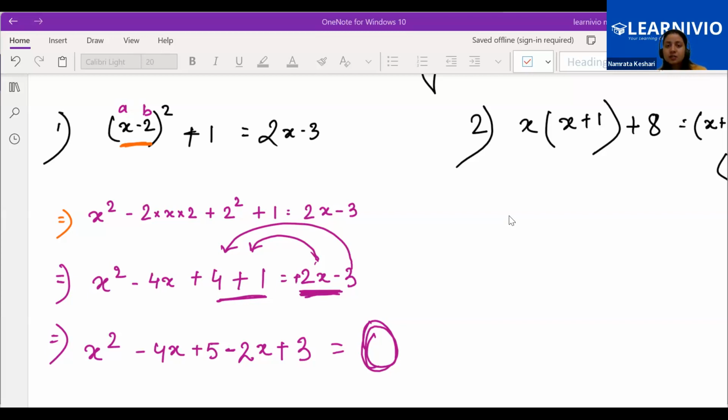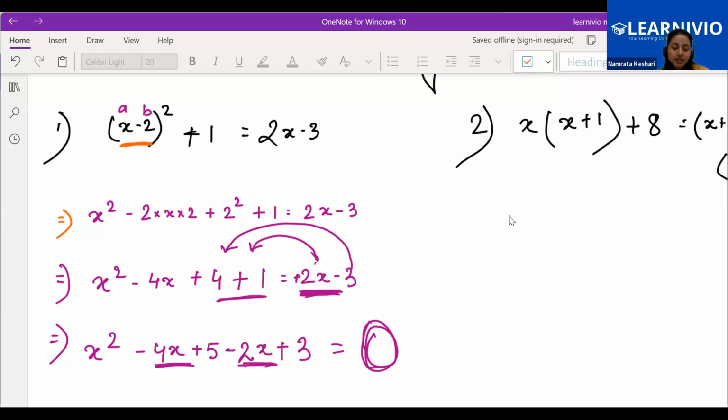Am I audible? Yes, Abdul, what will be the next step? You can write it over here. Minus 4x minus 2x will be what? Are you working on it, Abdul? Yes.